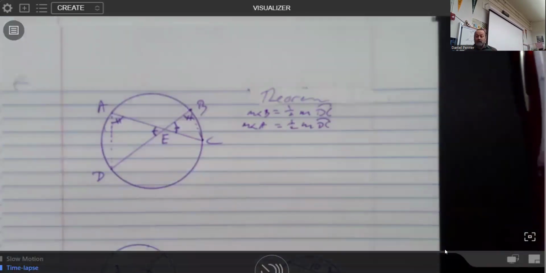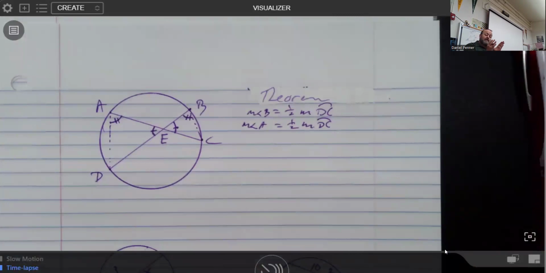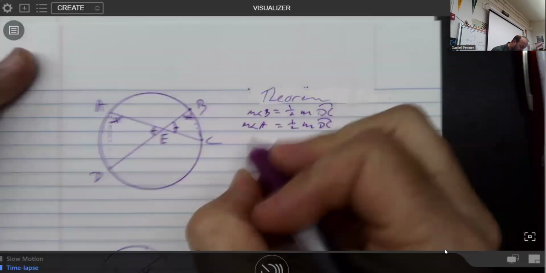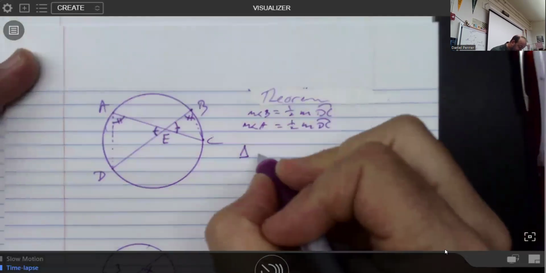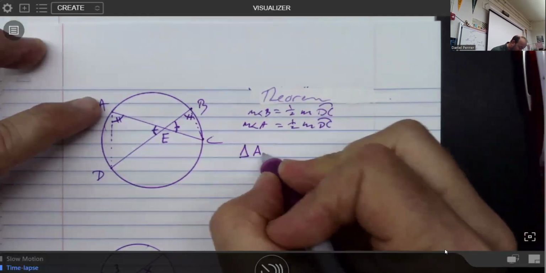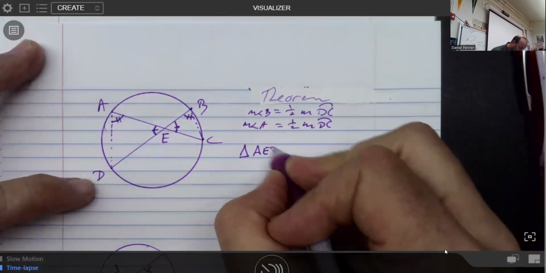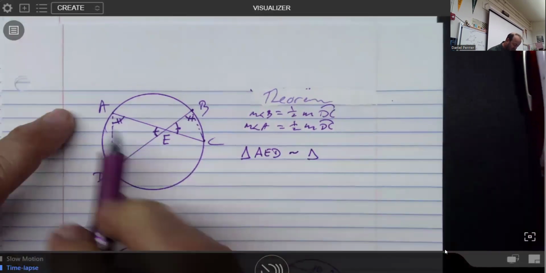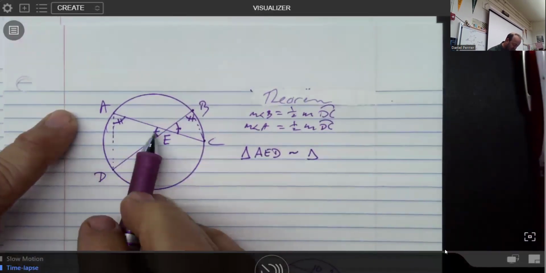With that being stated, these triangles are not necessarily congruent. I guess they could be, but not generally. But they are similar because they have AA. So I'm going to make my formal little statement that triangle AED is similar to triangle, and A is single tick, double tick, single tick, blank.